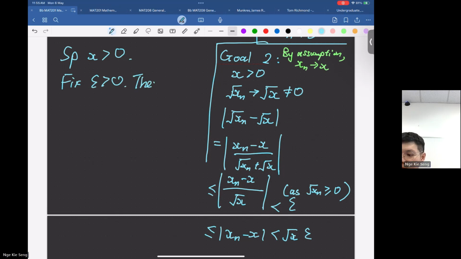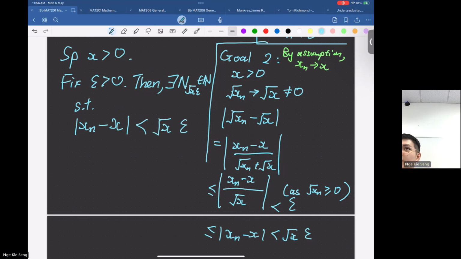Then there exists N of square root x epsilon in the naturals such that Sn minus x is less than square root x epsilon. So such that if n is greater or equal to this N of square root x epsilon, we will get this inequality, but this inequality is good.